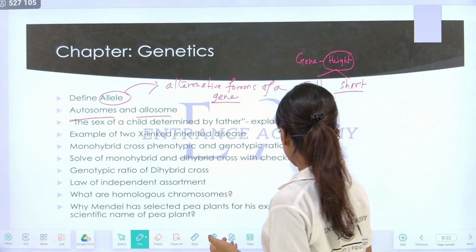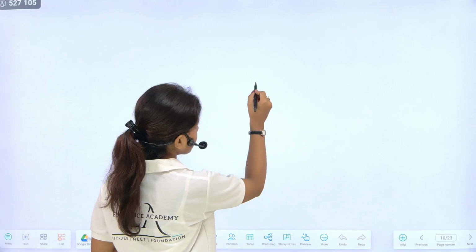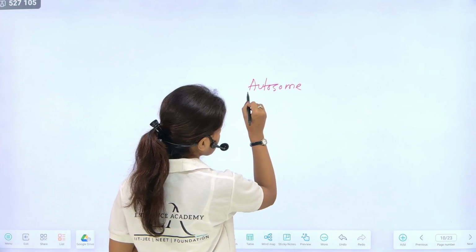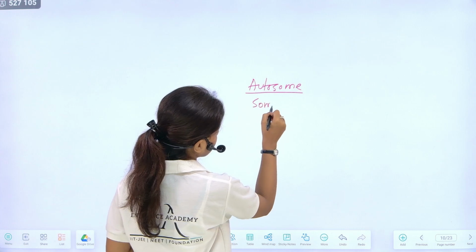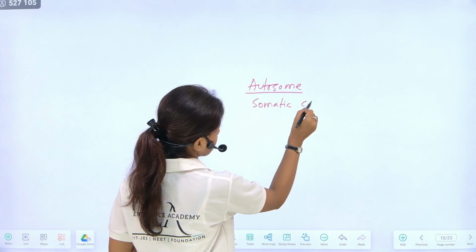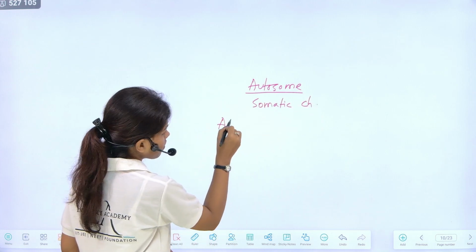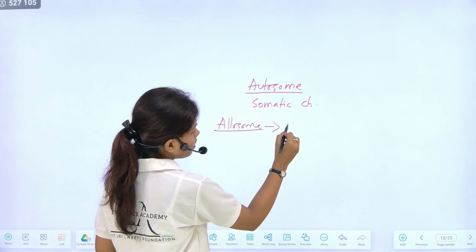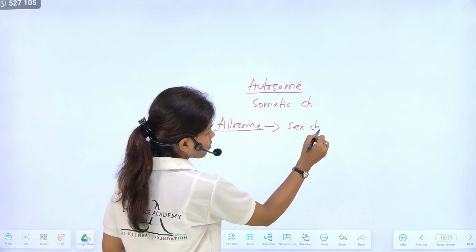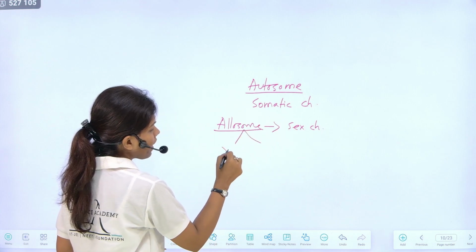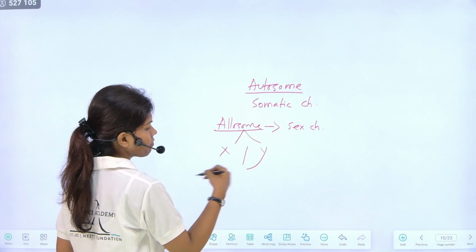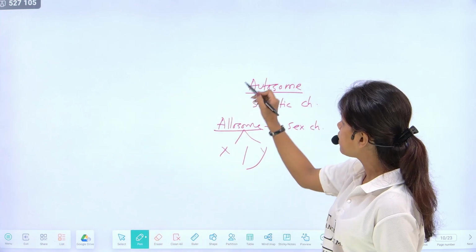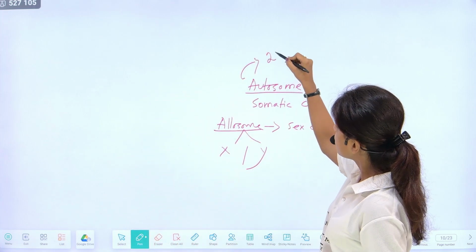I mean to say, autosomes are the somatic chromosomes, whereas allosomes are the sex chromosomes. And allosomes are of two types, X or Y. How many autosomes are present inside a cell? 22 pairs.